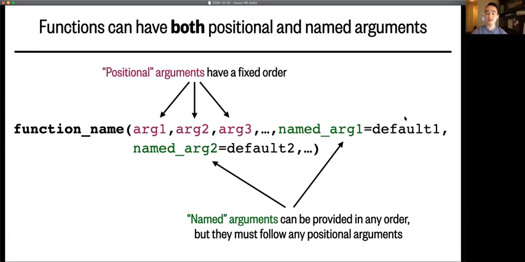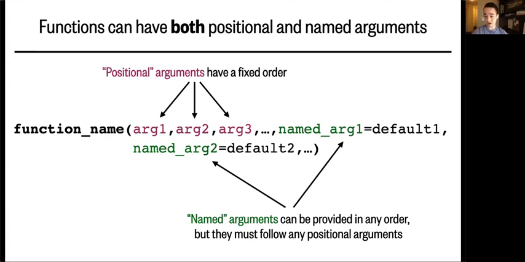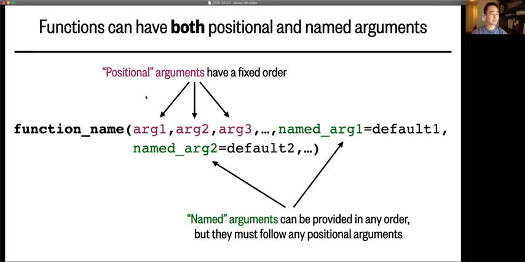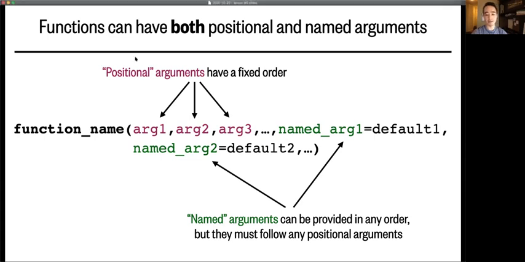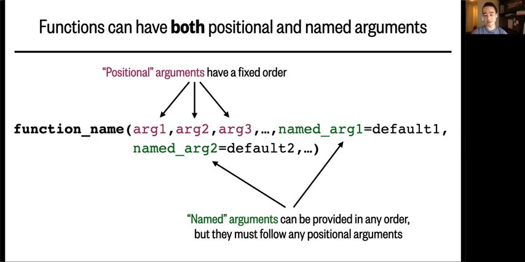And here's the thing. Functions can have many more arguments than just one, and those can be a mix of named arguments and what we call positional arguments, which must always come before any named arguments. So now positional arguments, they don't have a keyword to identify them. Instead, Python infers what you're trying to pass to the function by looking at the order or the position in which you provide the arguments, hence why they're called positional.